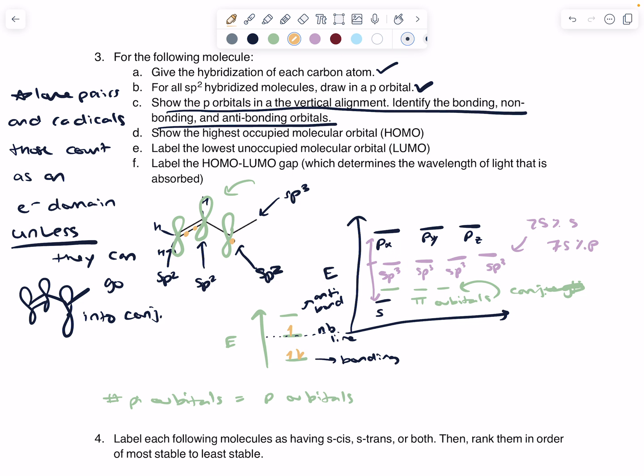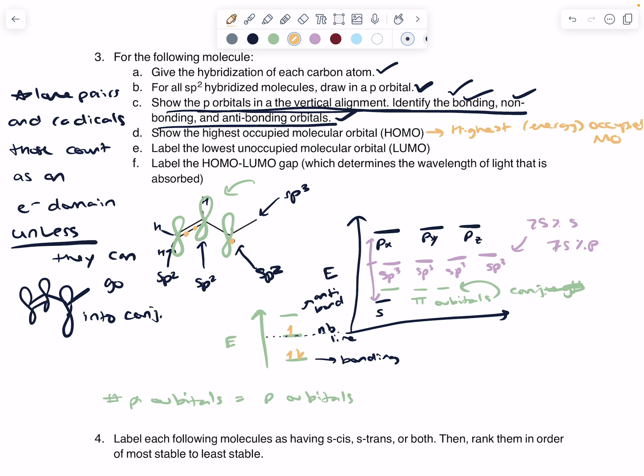Okay, so let's see. I showed the p orbitals in the vertical alignment, the molecular orbital diagram. I identified the bonding, non-bonding, and anti-bonding orbitals. I filled in the electrons so that I could identify the HOMO and the LUMO. So HOMO is the highest energy occupied molecular orbital.